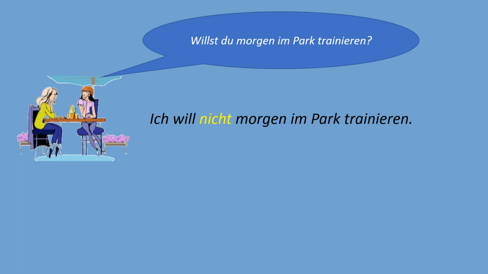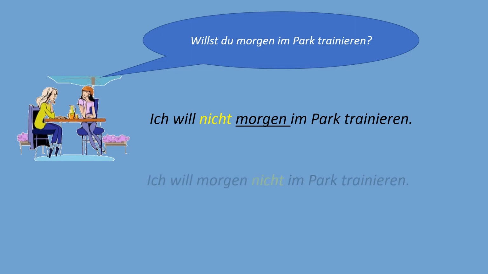Look, we use nicht in front of morgen. So in this sentence, even though this is a modal verb sentence, we negate actually only the time, tomorrow. You see? So if the second girl says something like that, the first girl will ask, well, when then? So what time do you want to practice in the park? So the question is, when?